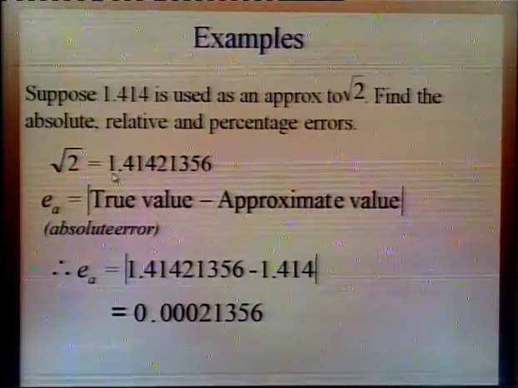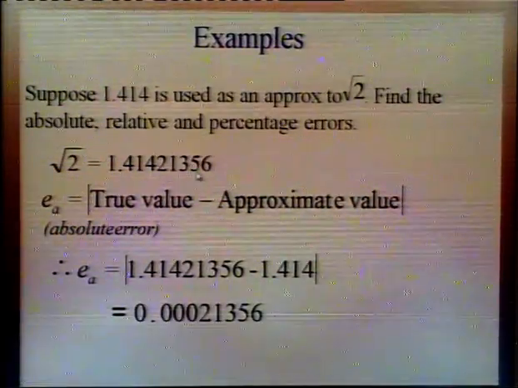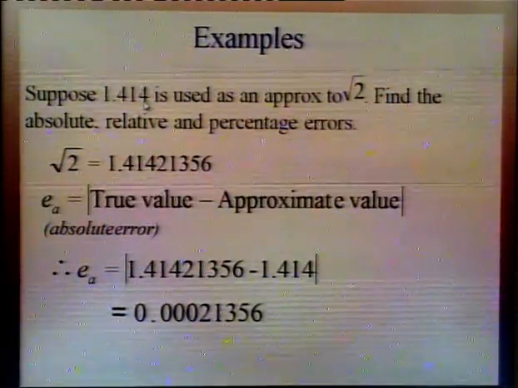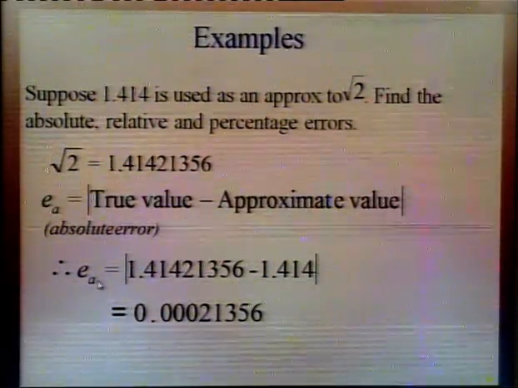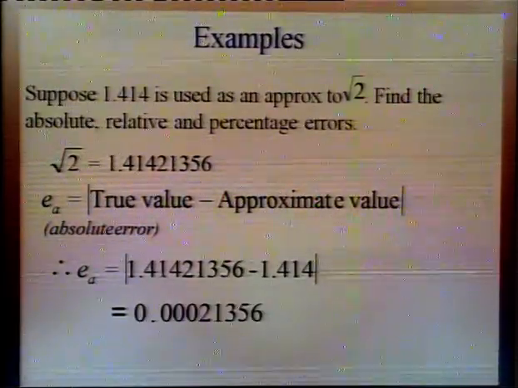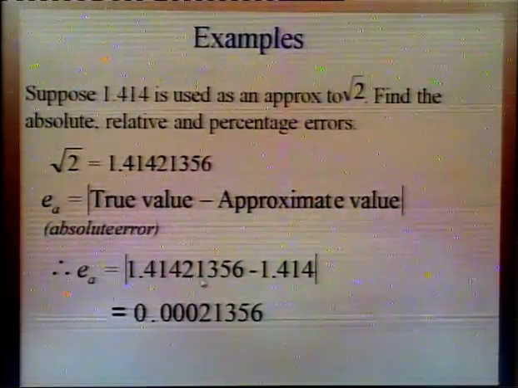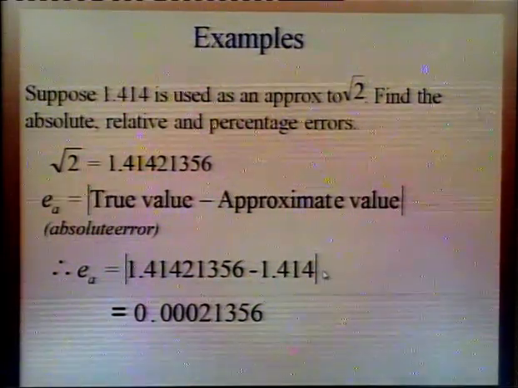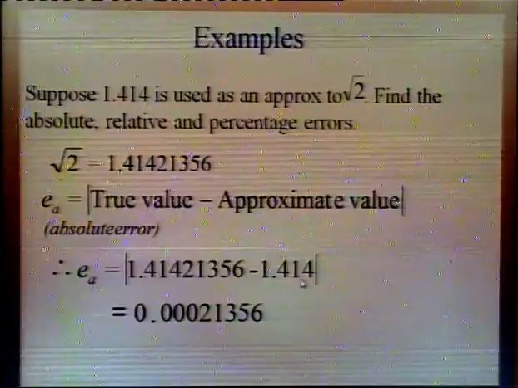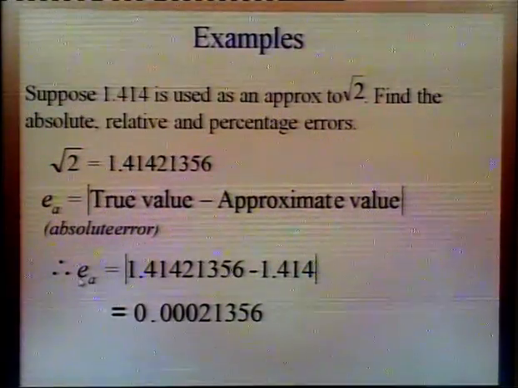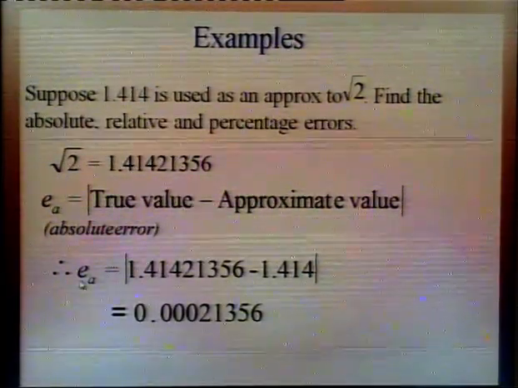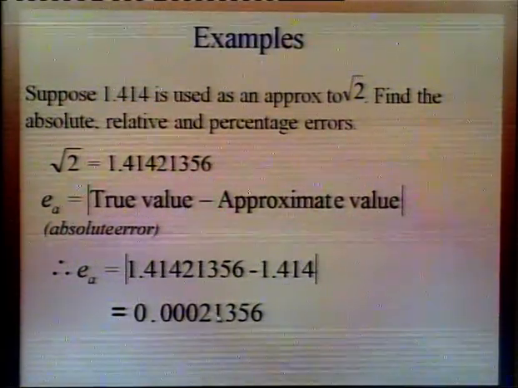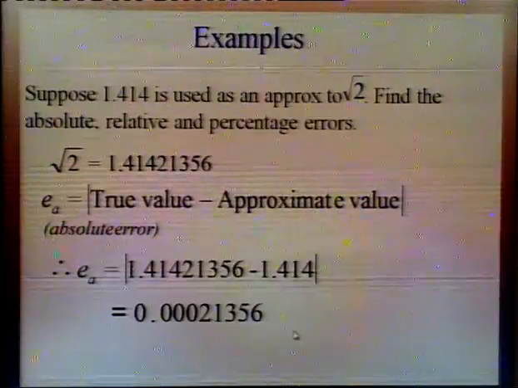True value is 1.41421356, while the approximate value is 1.414. So, the absolute error EA is 0.00021356. This is the absolute error.